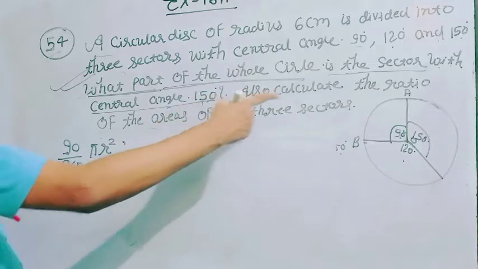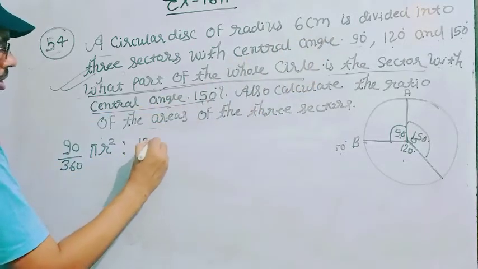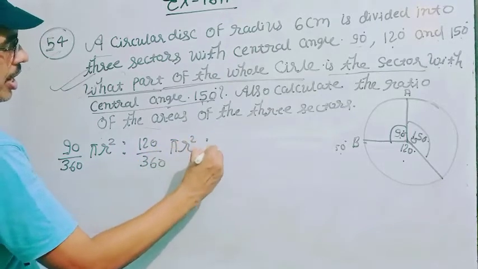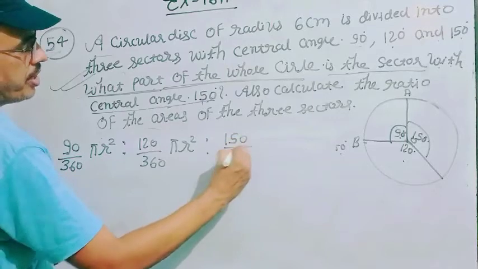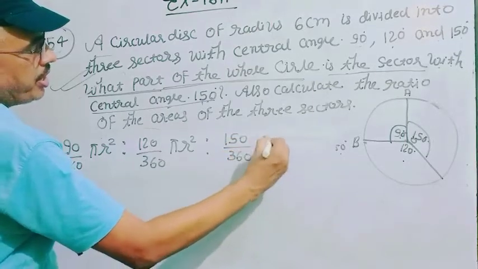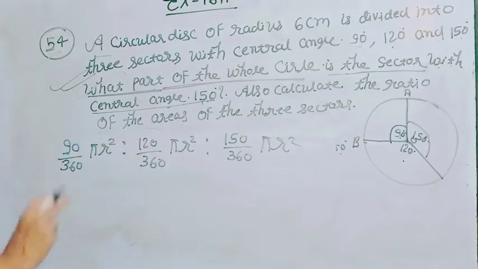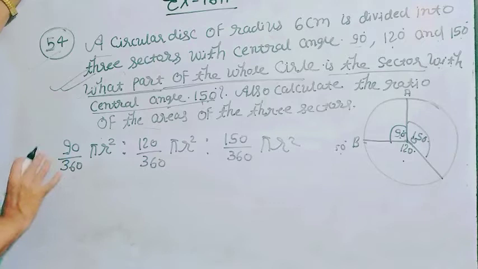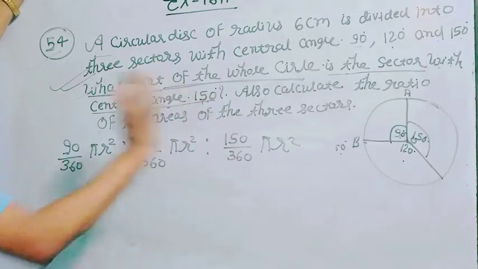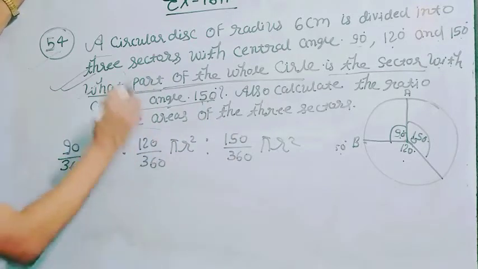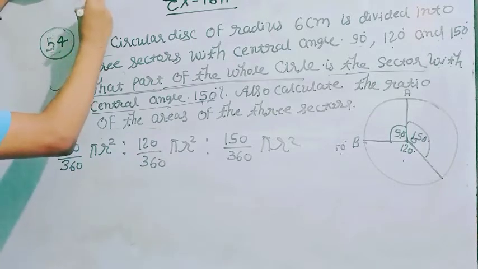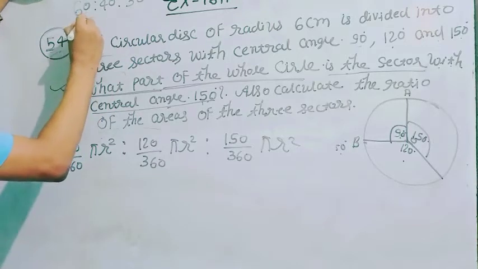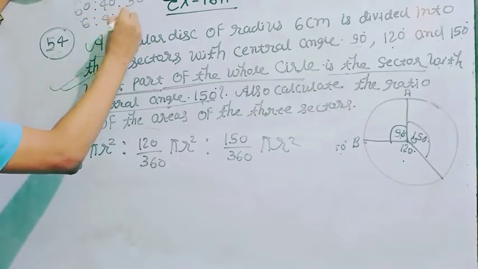Next, the area of the sector is 120 by 360 pi r square, and the third is 150 by 360 pi r square. You need to find the ratio of these 3 areas with central angles 90, 120 and 150. So when you find the ratio like 60 ratio 40 ratio 30, then it is equal to 6 ratio 4 ratio 3.